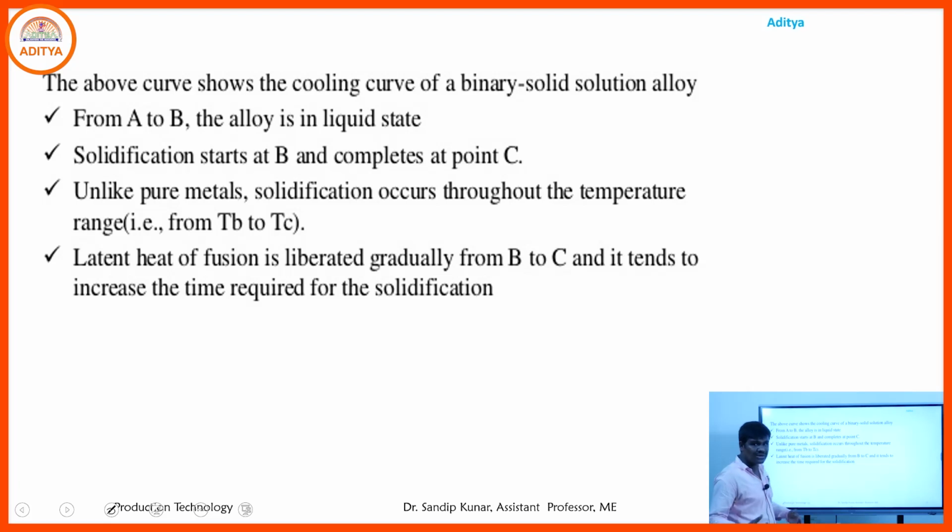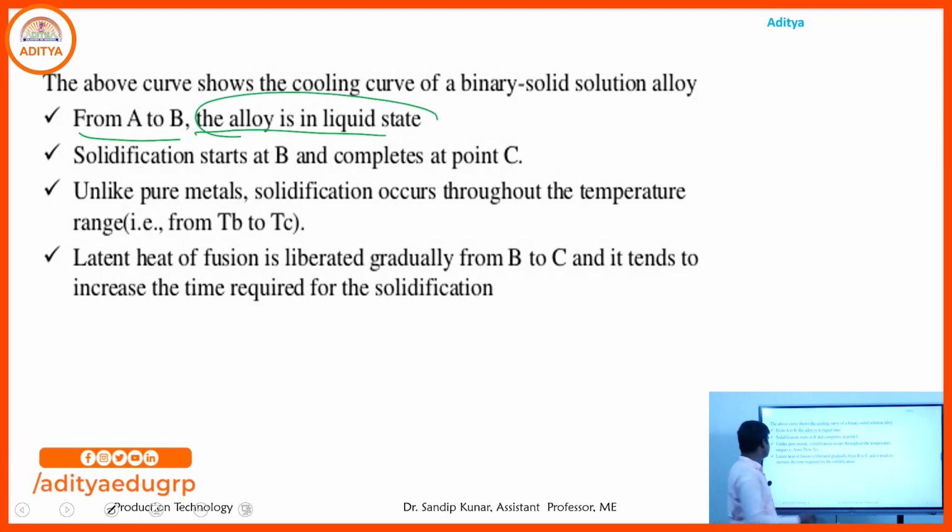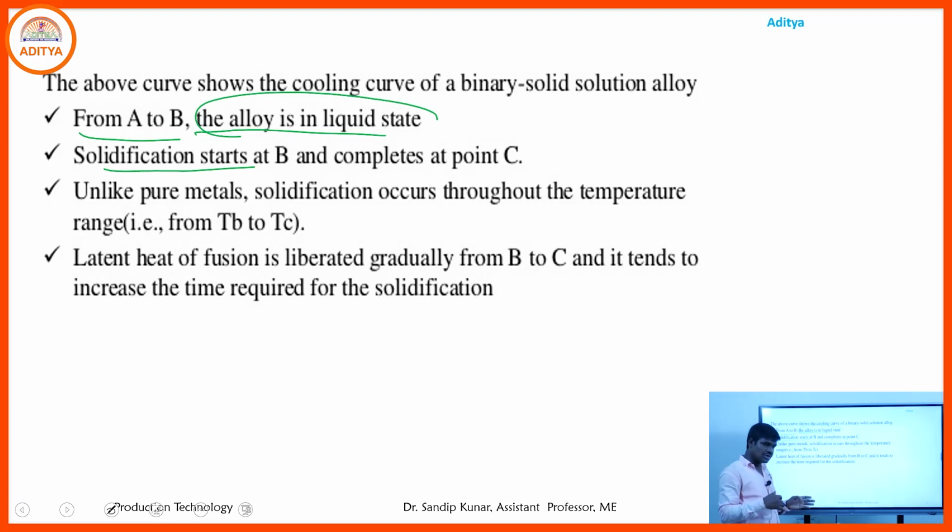Here, in that particular curve, from A to B the alloy is in the liquid state, while it extracts the heat. Solidification starts from B and is complete at point C. At point C it is converted into solidified product, but the temperature will be higher.